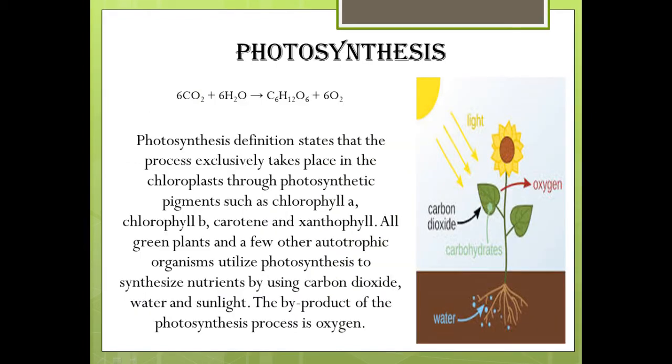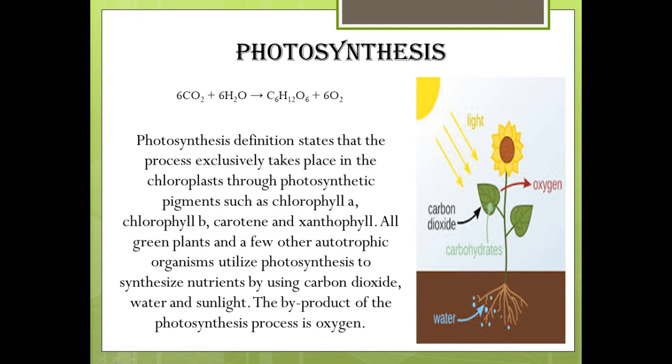Now comes the process of photosynthesis. As you can see, the formula is 6CO2 plus 6H2O gives C6H12O6 plus 6O2. This is the formula for photosynthesis, and photosynthesis is done by photoautotrophic organisms like blue-green algae and green plants.